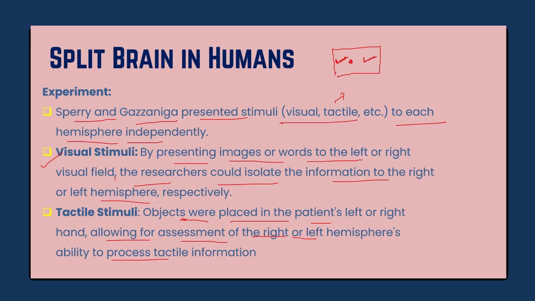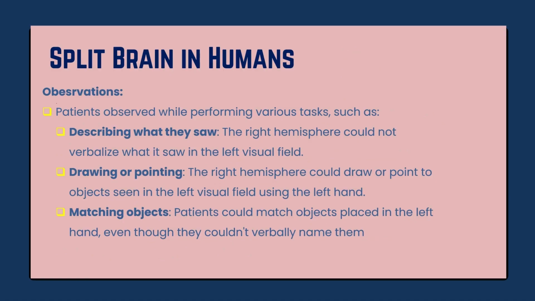Okay, so this was how they conducted their experiments on split brain patients, by presenting them visual and tactile stimuli to only one of the hemispheres. Let's see what they observed from their studies. Patients were observed while performing various tasks such as describing what they saw, drawing or pointing, and matching objects.